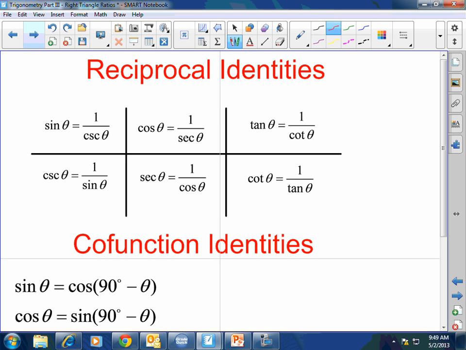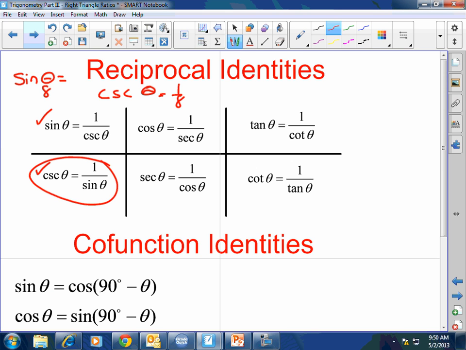Just like if I have a value for cosecant, that's the same thing as saying it's 1 over the sine value. So for example, if I say the sine of theta equals 8, I want to find the cosecant of theta. Well, isn't that just reciprocal? 1 over 8, guys? That's all I'm doing here. Looks uglier than it really is.